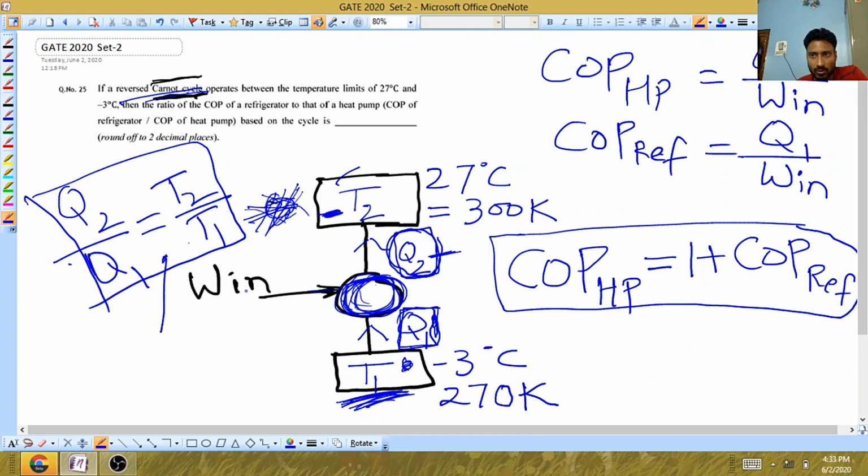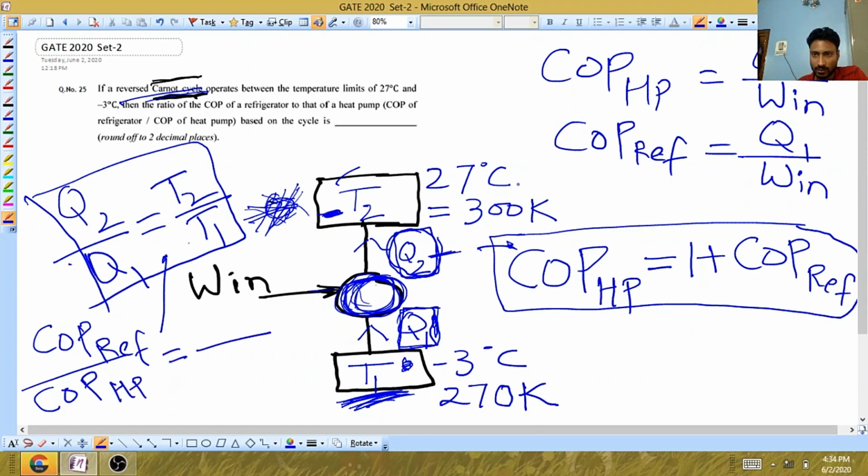We need to find the ratio, so no need to use this thing. You can directly divide these two. Just divide COP of refrigerator upon COP of heat pump. If you divide, you will see this will be Q1 by Q2, and Q1 by Q2 will be T1 by T2.